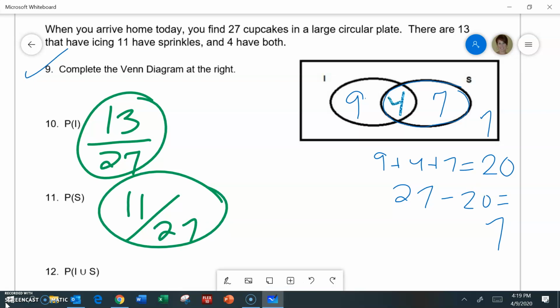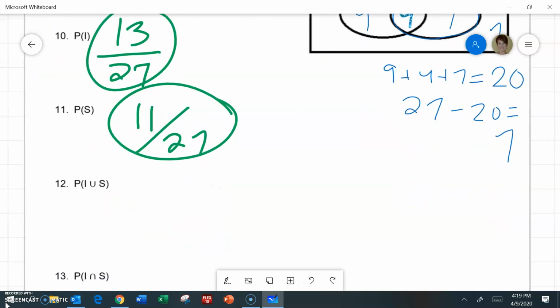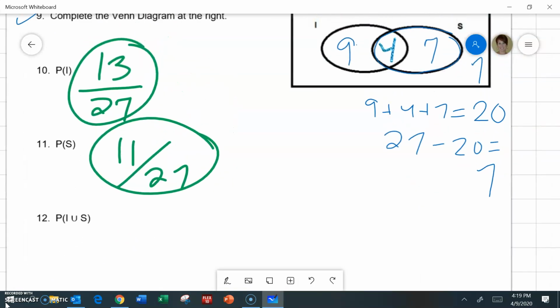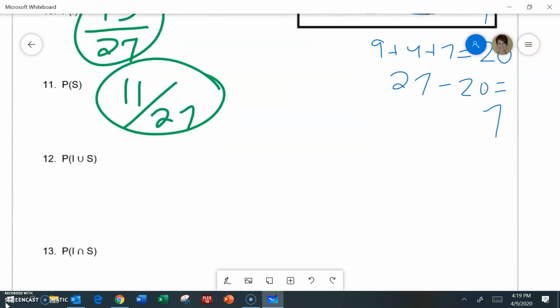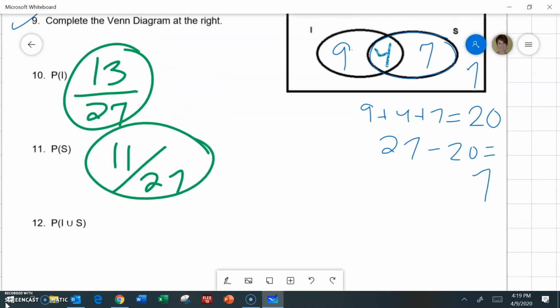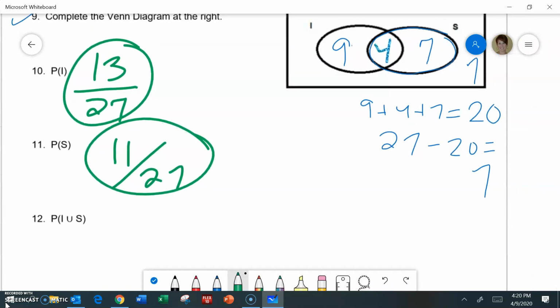Numbers 12 and 13, I'm going to move this up together and I'll scroll back down if I need more Venn diagram. I think I have those numbers memorized. But on number 12, it's asking you for the probability of picking a cupcake that has icing or sprinkles. Now this symbol right here, if you can remember, I'm going to pull my little Venn diagram down. This symbol means or. So we're talking about it can have icing or sprinkles.